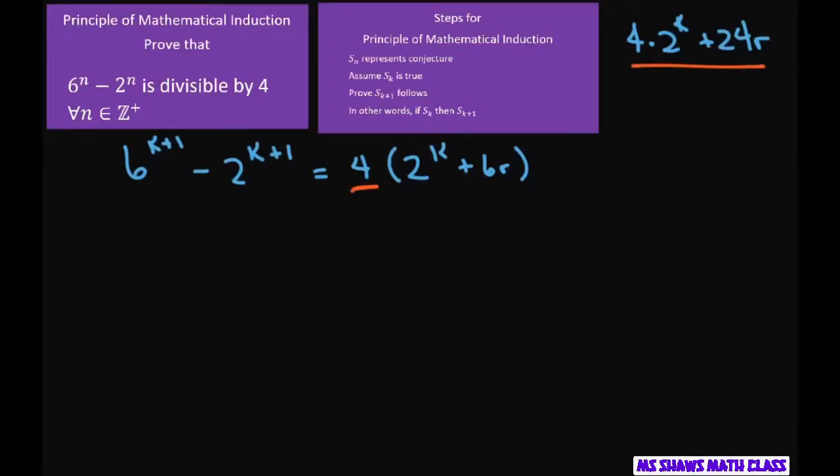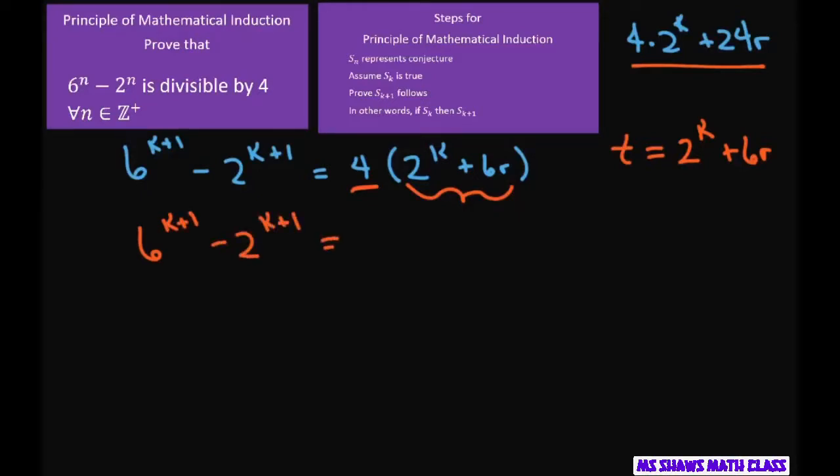Now I'm going to call this t, and that's why I changed the other one to t. So this is going to be t equals 2 to the k power plus 6r. So rewriting this, I have 6 to the k plus 1 minus 2 to the k plus 1 equals 4t, which equals our S sub k plus 1.